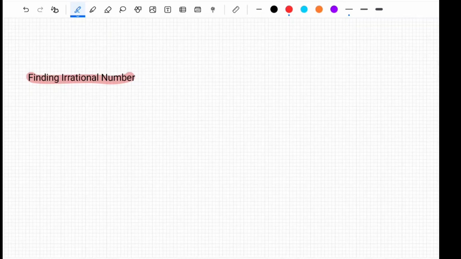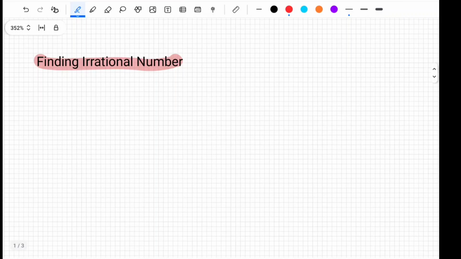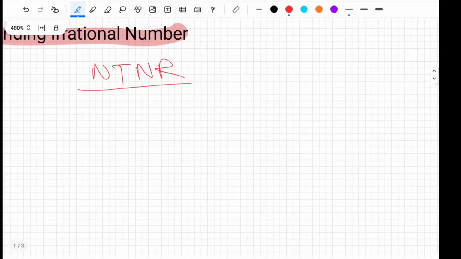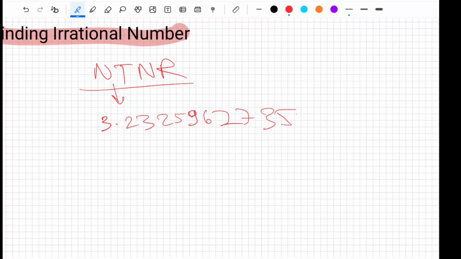In an irrational number, from our previous class, we know that irrational numbers are non-terminating and non-repeating in nature. What it means? For non-terminating, the number won't end, like 5, 9, 6, 2, 7, 3, 5, 2, 9.